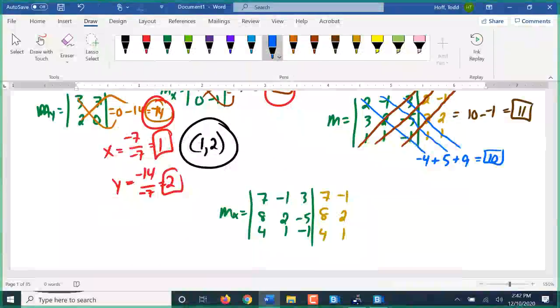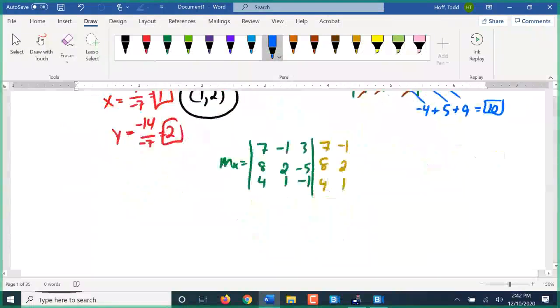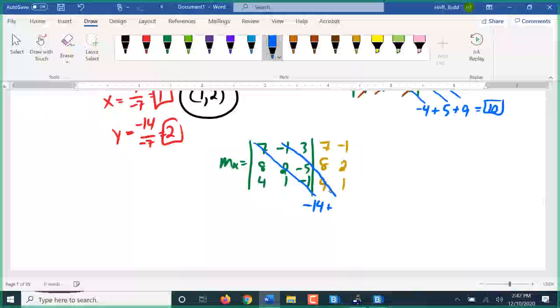And we'll do our diagonals. So going down, 7 times 2 is 14, times negative 1 is a negative 14, plus negative 1 times negative 5 is 5, times 4 is 20, plus 3 times 8 is 24, times 1 is 24. I believe that adds up to 30 for our down diagonal total.